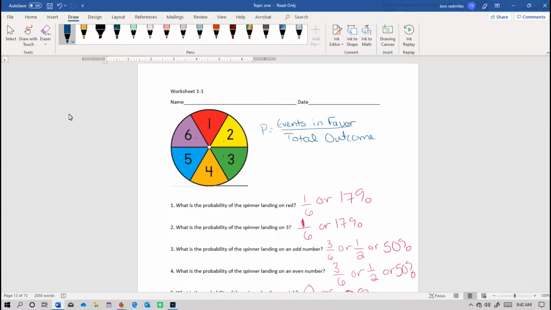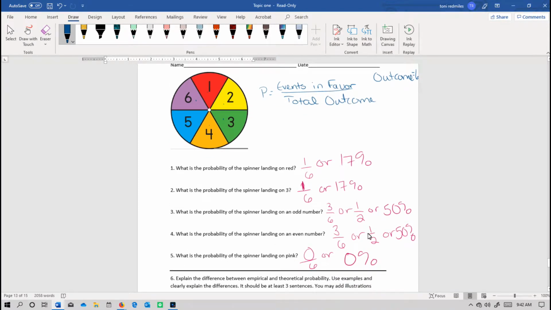So there's 6 different total outcomes, and all the outcomes are represented by a color and a number. But there's only 6 places that spinner can land when I spin it. So the total outcomes is going to be 6 for all of these questions, okay?